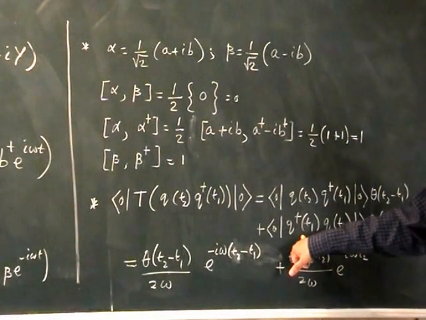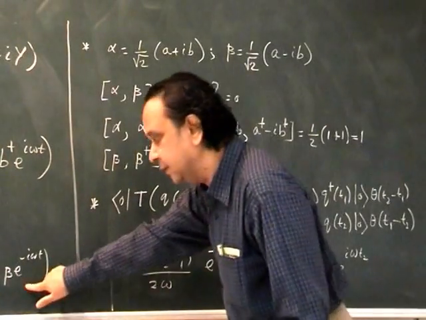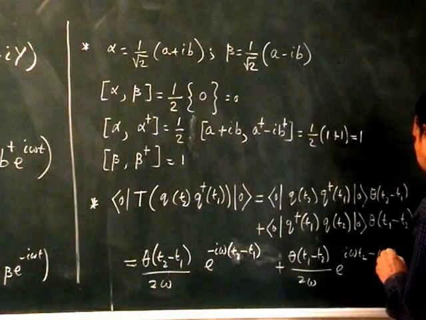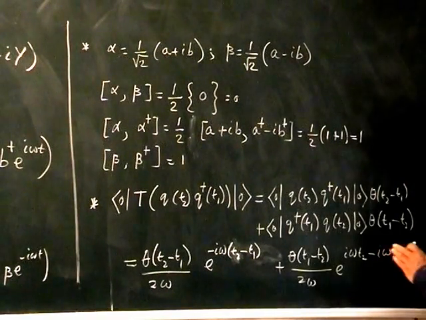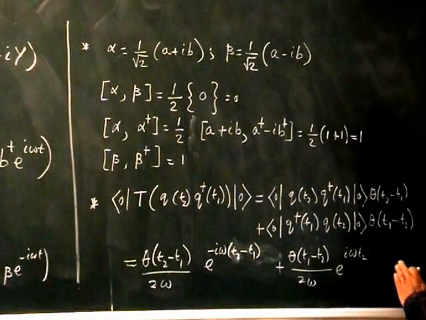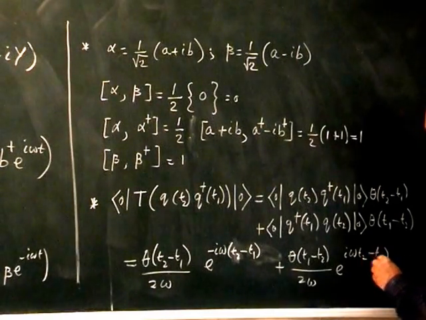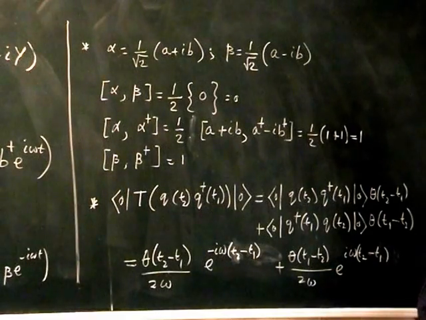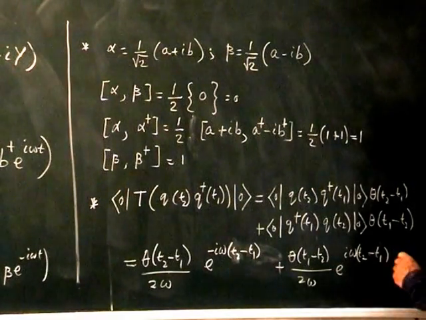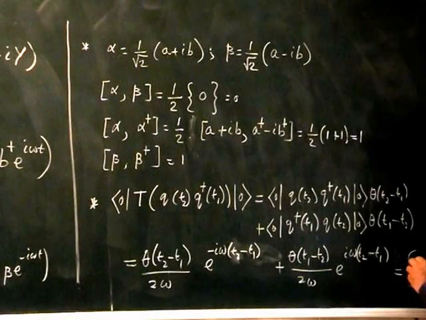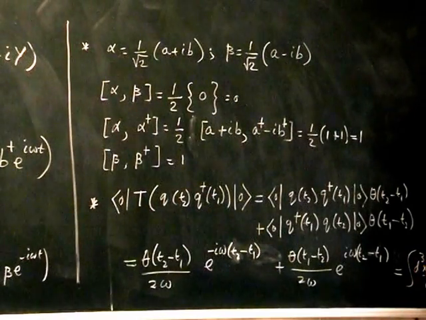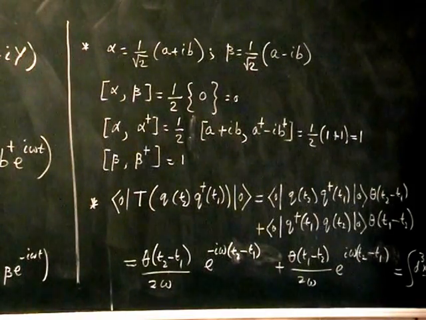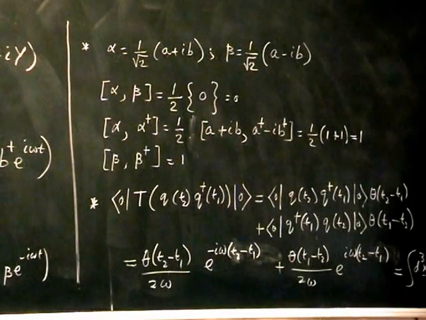This should annihilate a beta type excitation which comes from this, and it has minus I omega t1. So this is e to the I omega into t2 minus t1. Now what is this quantity? This is something which we have seen. This is just the integral d3x, x2 x1 of a relativistic particle e to the minus I p dot.